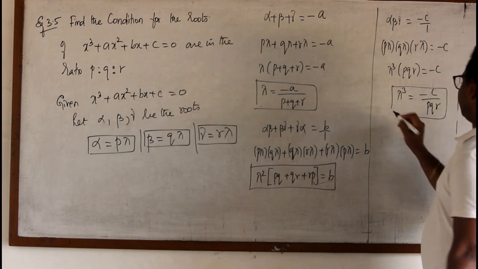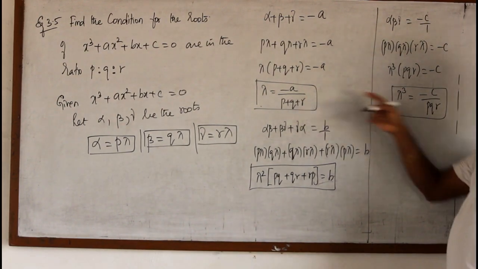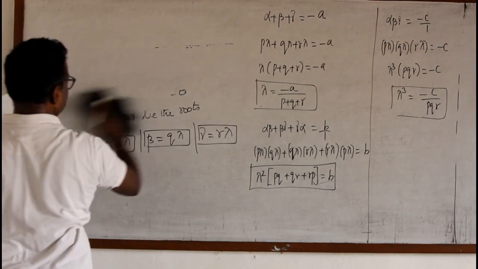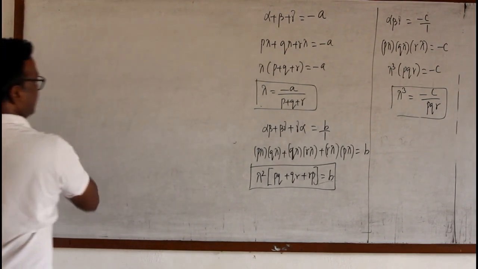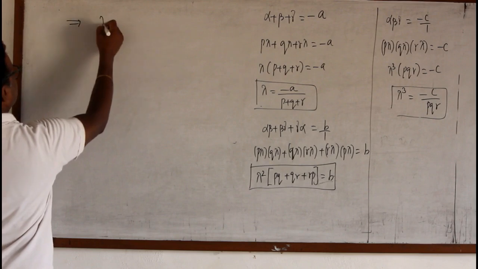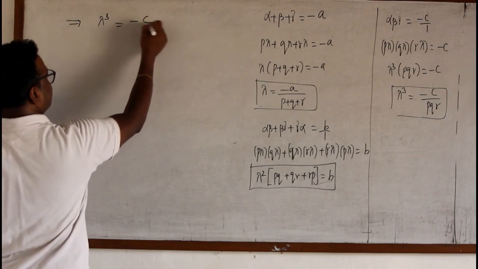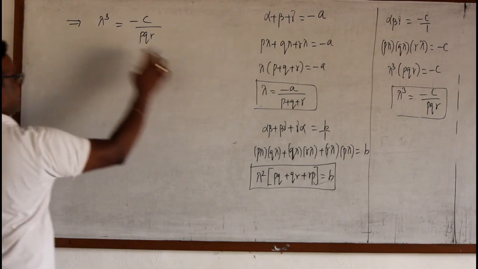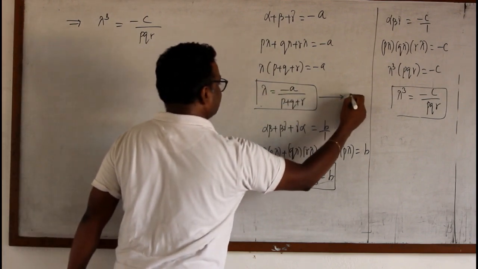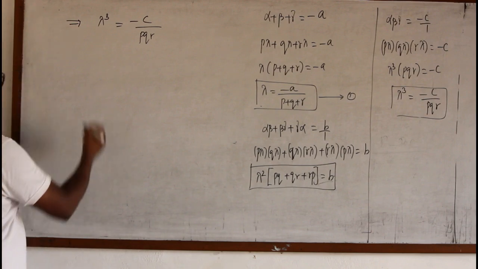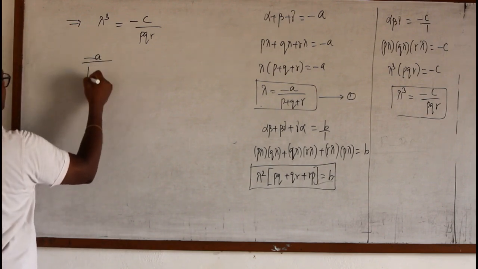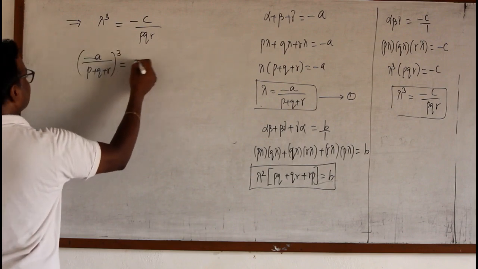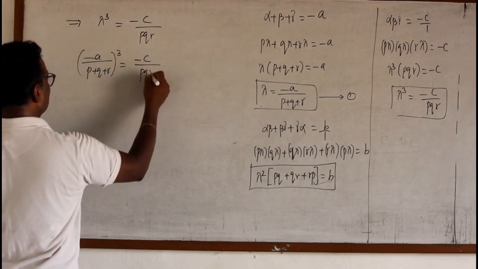Now I have the relationship for lambda here and lambda cube here. So let me take those two. Lambda cube is minus c by pqr. Instead of lambda, can I write this one? So let me keep this as 1. Instead of lambda, minus a by p plus q plus r the whole cube is minus c by pqr.